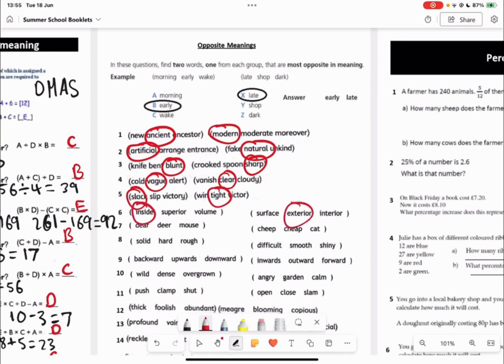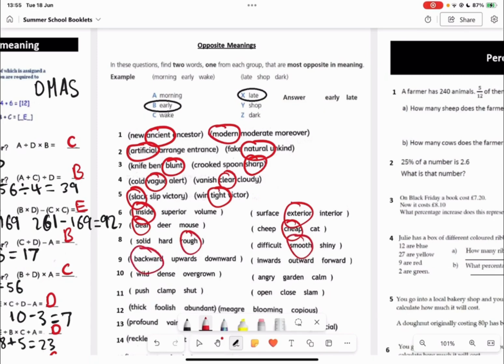Question 7 is dear and cheap. Dear can mean something expensive, and then cheap is, well, the opposite. It's something that has a low price usually. And then question 8 is rough and smooth. Question 9 is backward and forward.